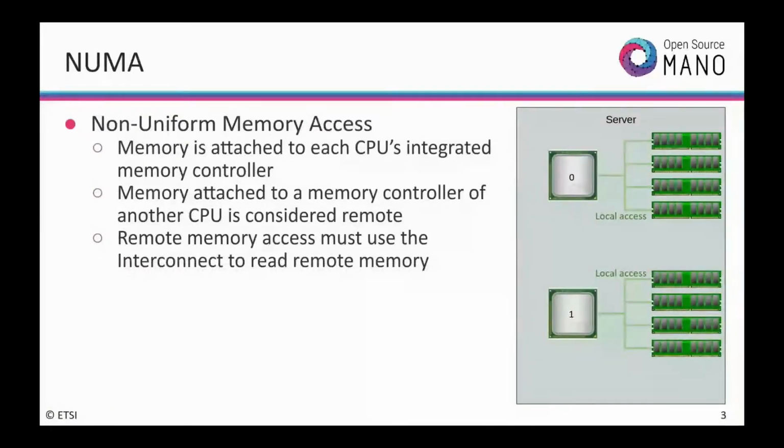This is called non-uniform memory access, and it has to do with the way the motherboard is built. So memory is typically segregated in banks based upon each CPU. If anybody's done any server configuration before, oftentimes you'll find that you need to order an equal number of memory cards as is divisible by the number of CPUs.